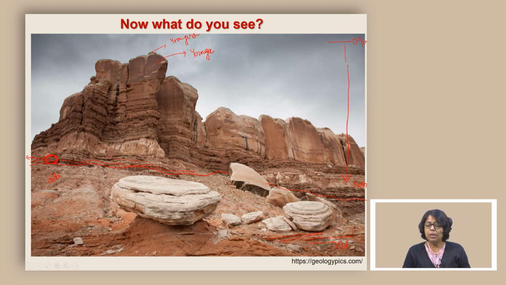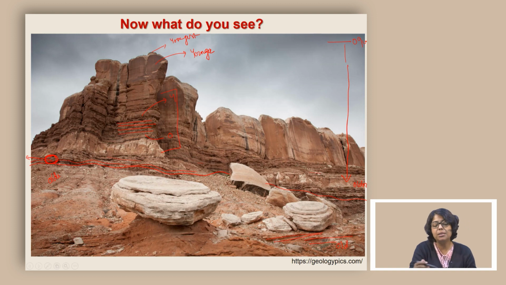Now, it is also important to know that this relationship is not changing in between. So, the same pattern can be talked about even in the middle of the rock. If we look at these layers, we can definitely say that this is younger and this is older compared to this one.